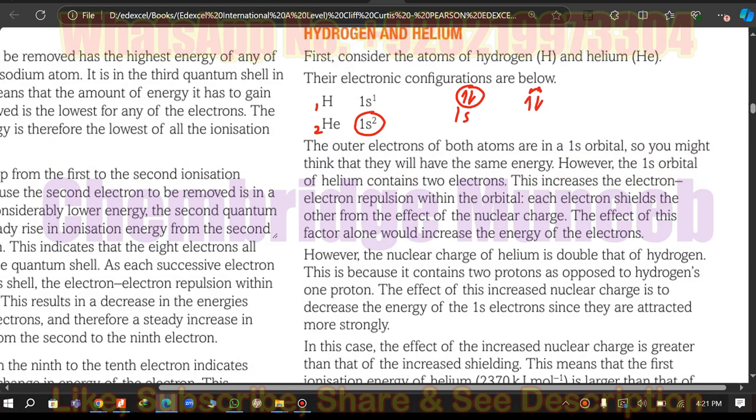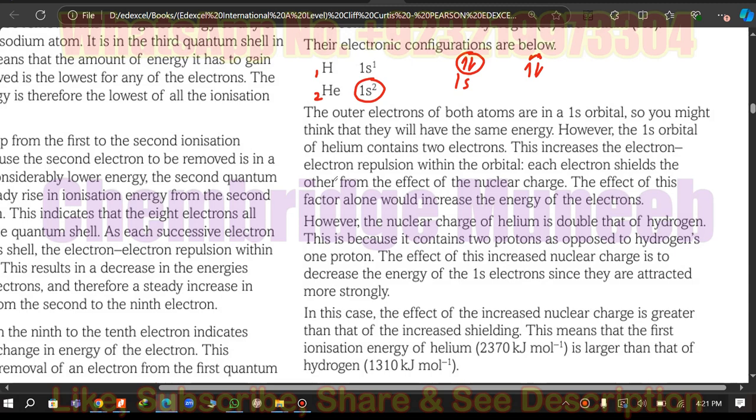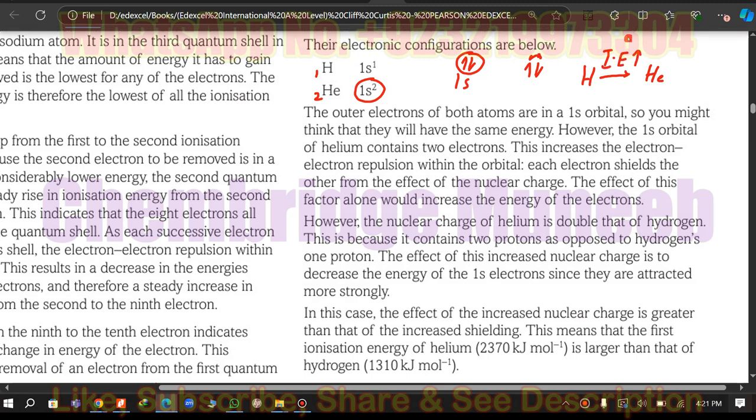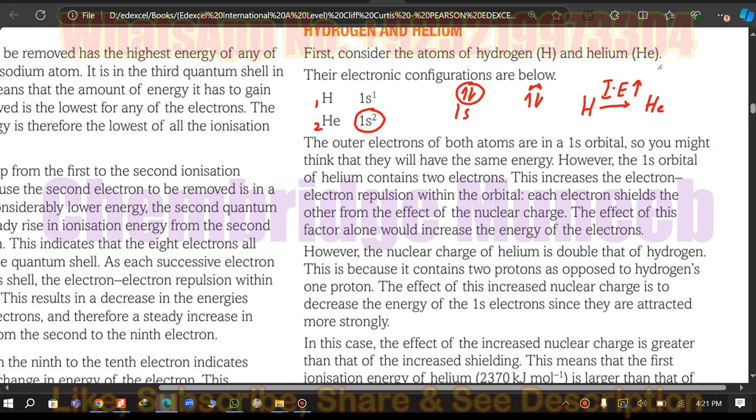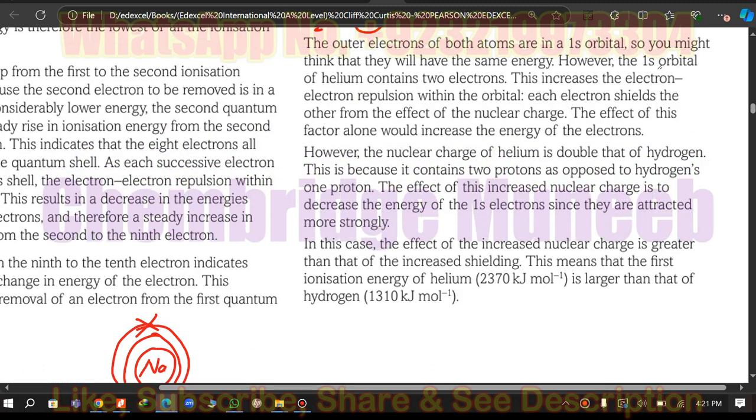As a result, there is a greater attraction between the electrons and the protons. So when we move from hydrogen to helium across a period, the ionization energy will increase. Ionization energy increases when we move from left to right across a period. Is it clear?